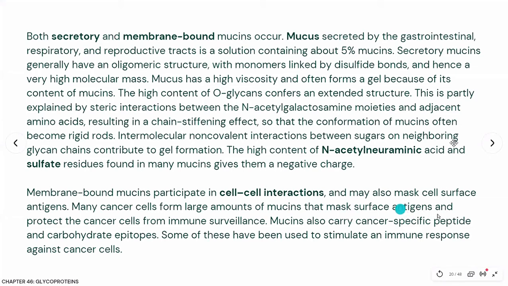So therefore, your antibodies cannot recognize them. It protects the cancer cells from immune surveillance because it is being masked by mucin. So it cannot be acted on by your immunoglobulins.